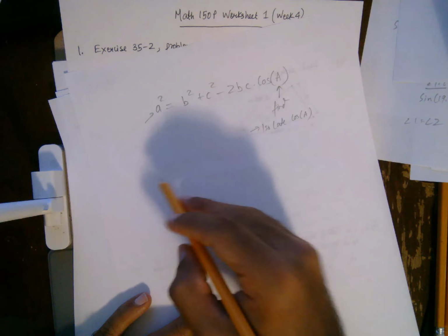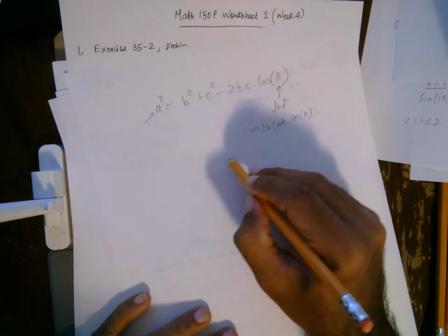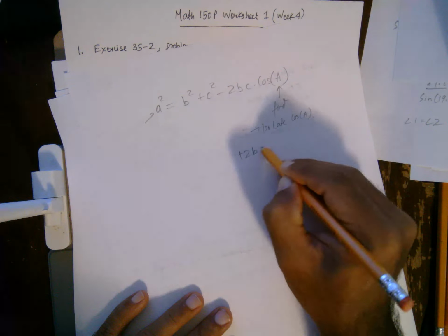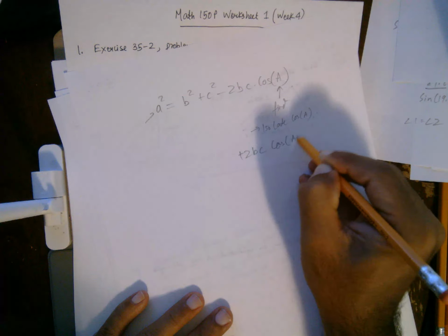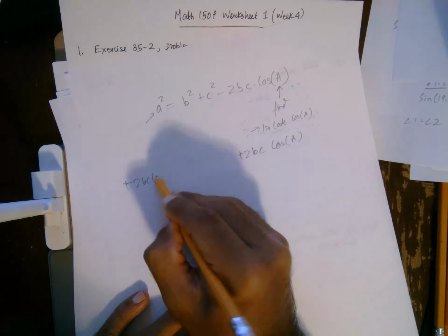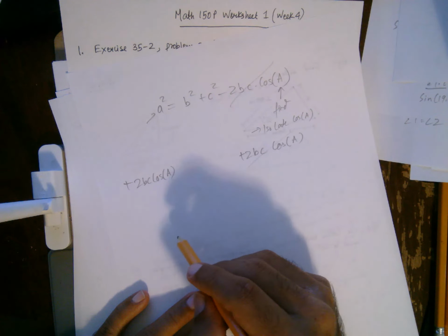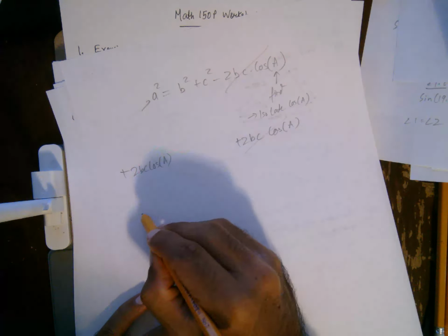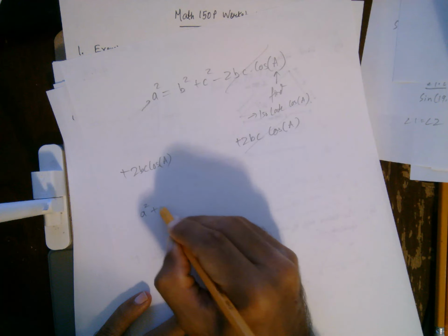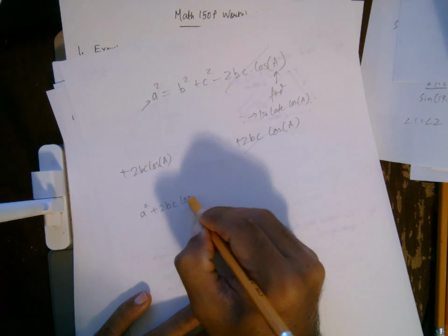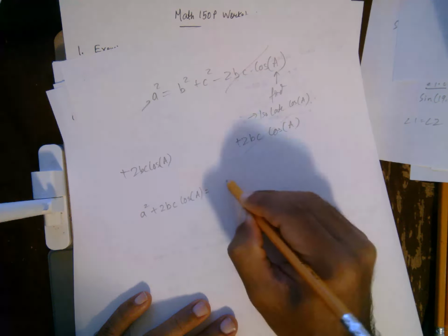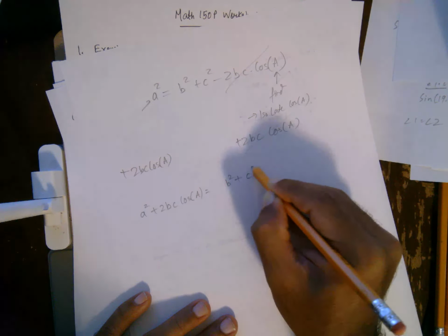All right, how do I isolate it? I add 2bc cosine A to both sides, right? So that this cancels out. So now I have a squared plus 2bc cosine A equals b squared plus c squared.